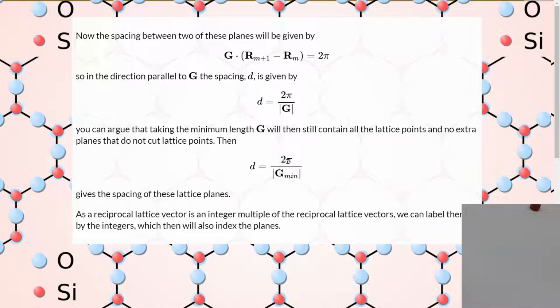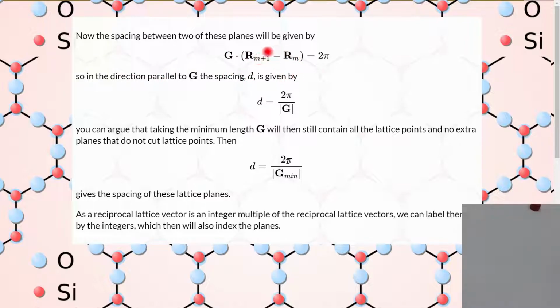We can do the component-wise one, but the dot product of A and B is the length of A times the length of B times cos theta. So here I've got G, which is my first vector.